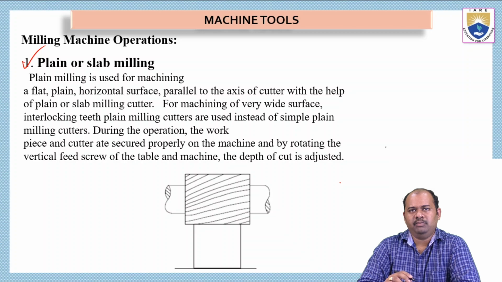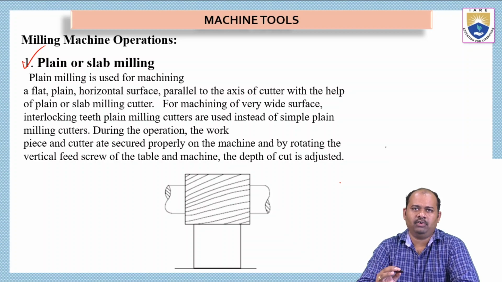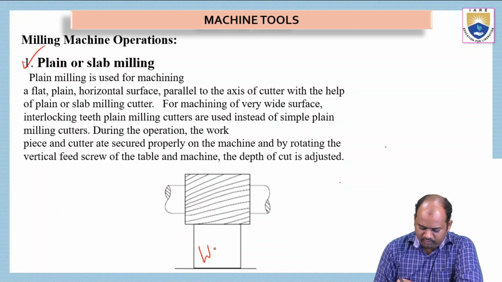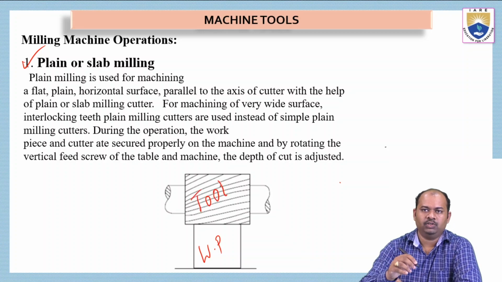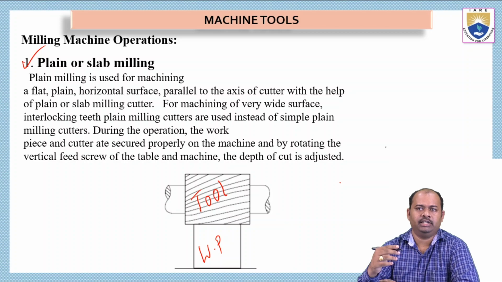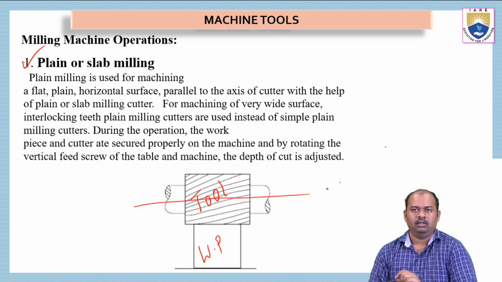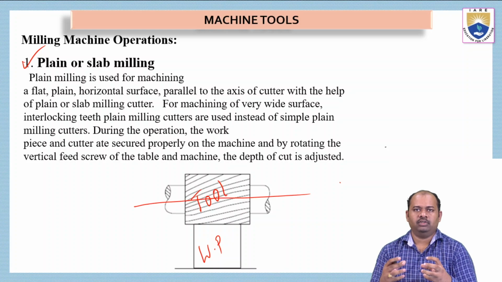Plane milling is used for machining a flat, plane, horizontal surface parallel to the axis of the cutter with the help of a plane or slab milling cutter. We can see in this picture, this is the workpiece and this is the tool. This is a multi-point cutting tool, rotating about this axis, and when it comes in contact with the workpiece, it removes metal.